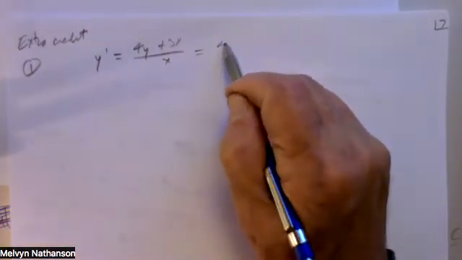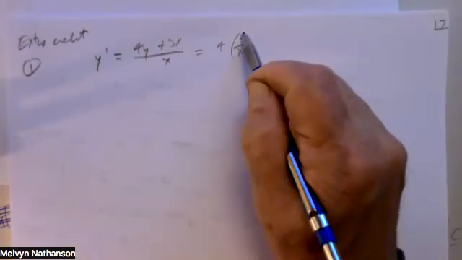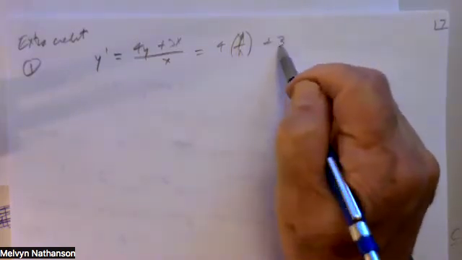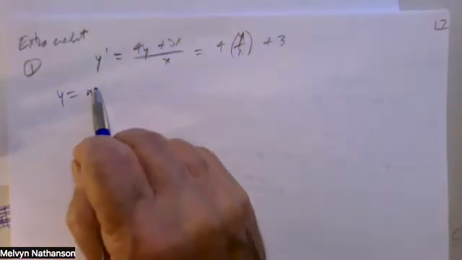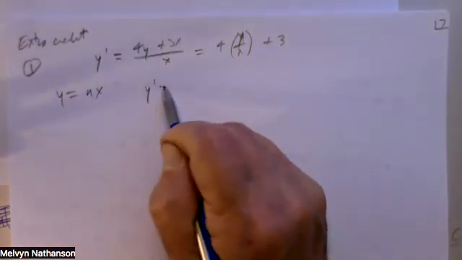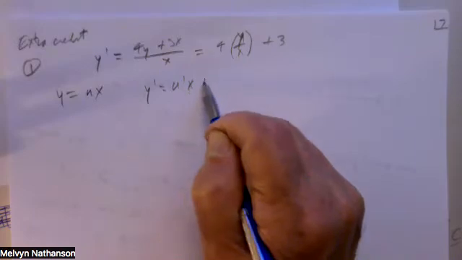And again, you can do this in several ways. This is a linear equation, but it's also a homogeneous equation in the sense this is 4 times y over x plus 3. So we can look for a solution y equals u times x, in which case y prime is u prime x plus u.